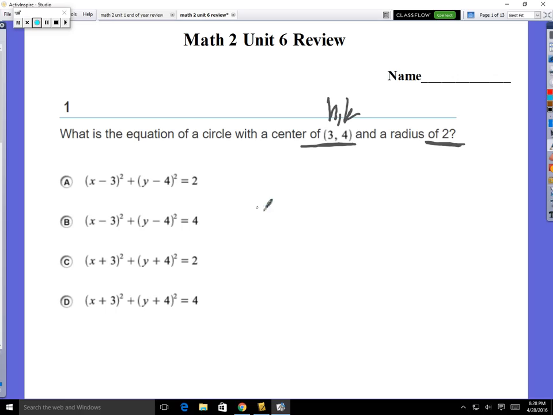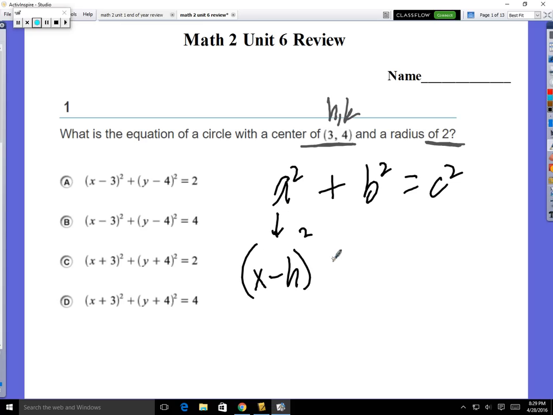So the formula for an equation of a circle comes from the Pythagorean theorem: a squared plus b squared is c squared. The a is the distance x is going to be from the center, plus the difference of the y and its center, squared, equals, and c is r squared.